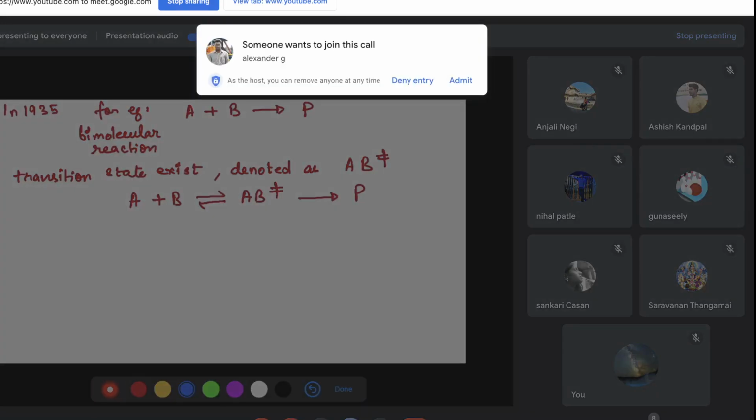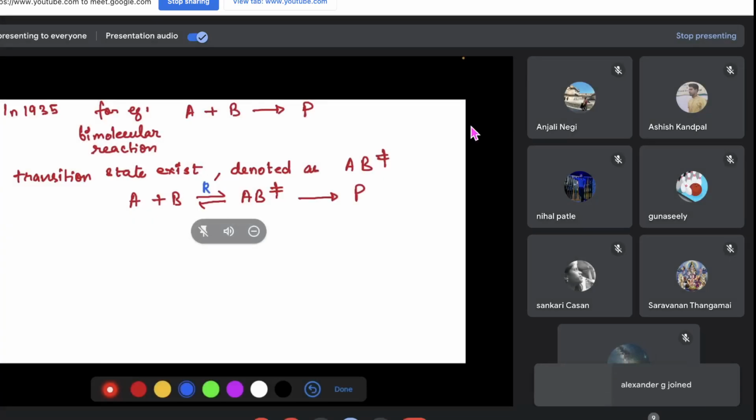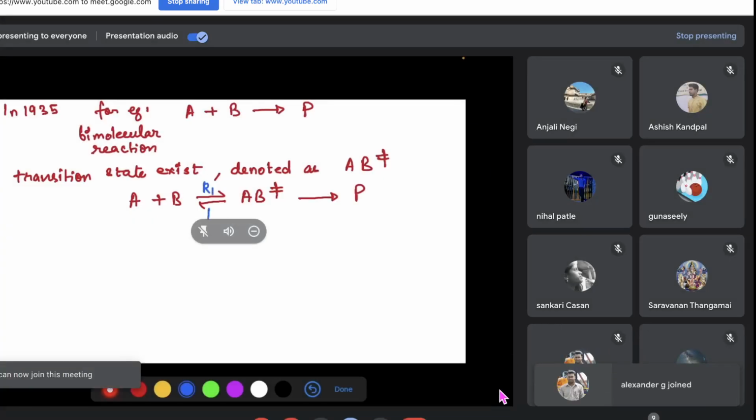Here the rate constants are K1, K minus 1 and K2.